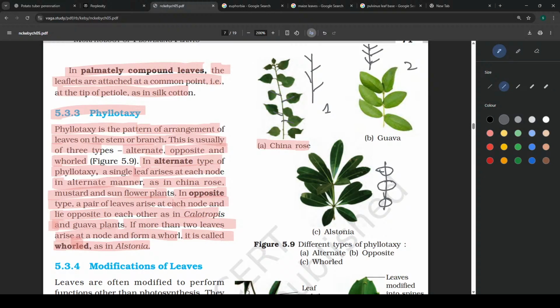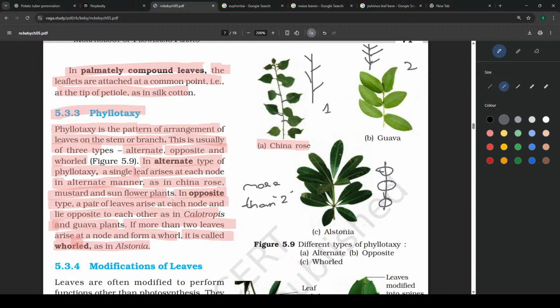In case of whorled or Alstonia, more than two leaves arise from a single node. Single for alternate, double for opposite, more than two for whorled.